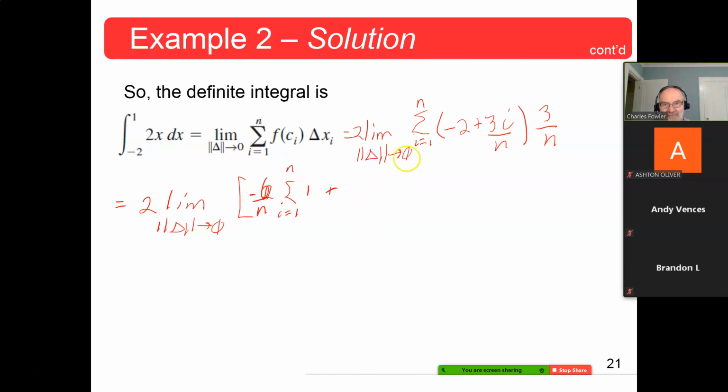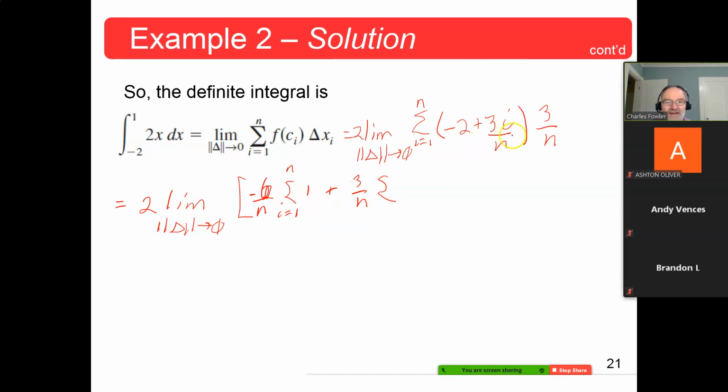Plus, and then we have another 3 over n here, so I'm going to do a separate one for that. 3 over n here times the summation. Okay, sorry.